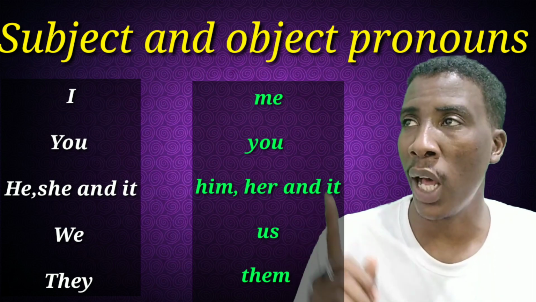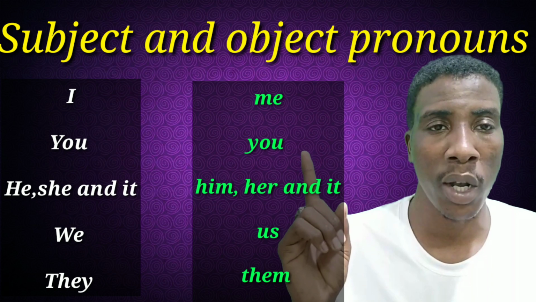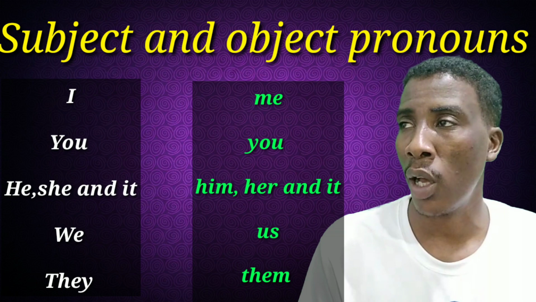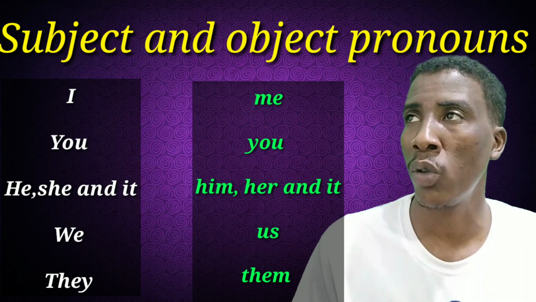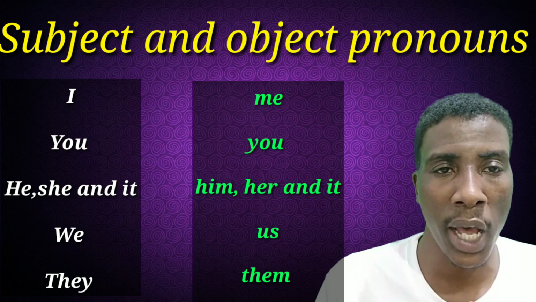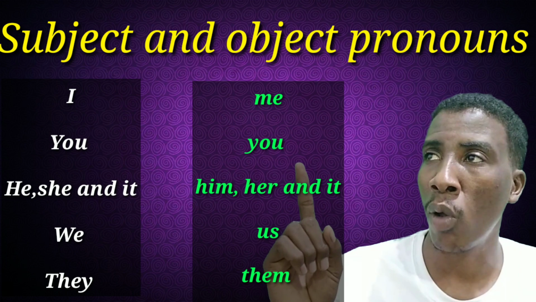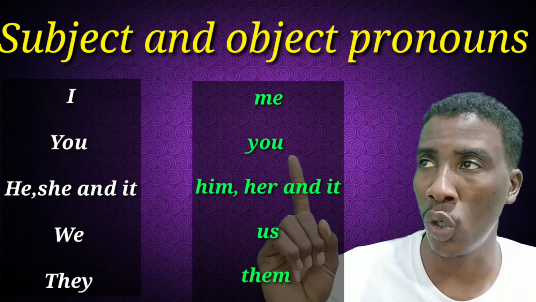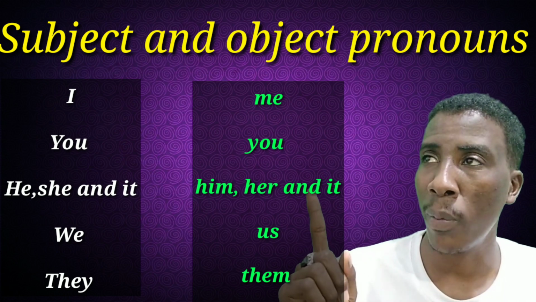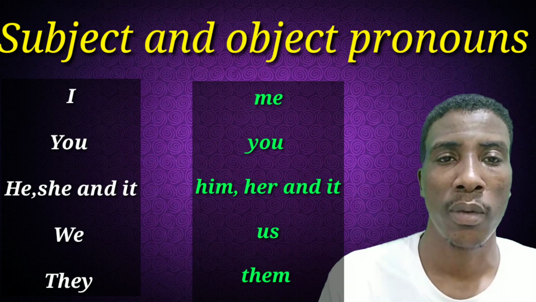For the first person singular, the subject pronoun is I, but the object pronoun is me. For the second person, singular and plural, we use you for both subject and object pronouns.